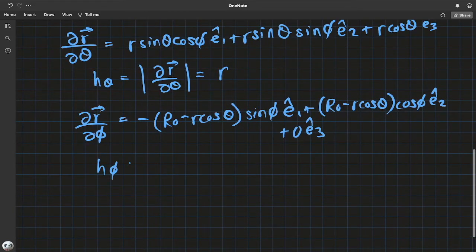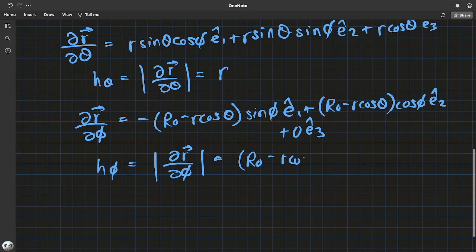So h sub phi, which is the magnitude of this guy, is surprisingly r naught minus r cosine theta.